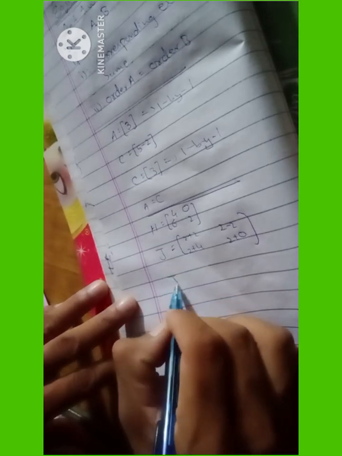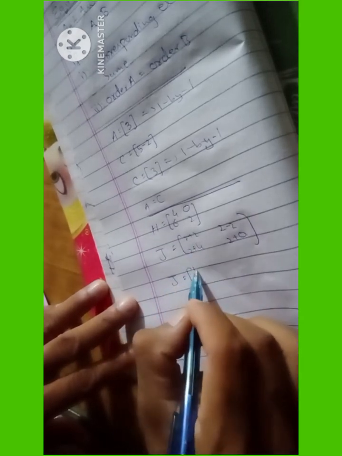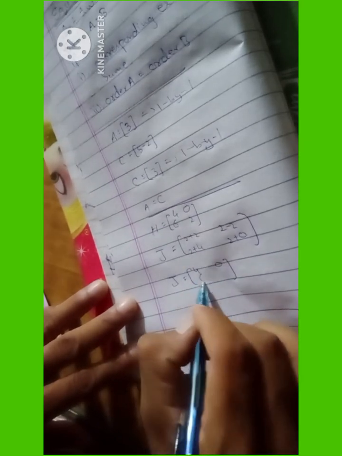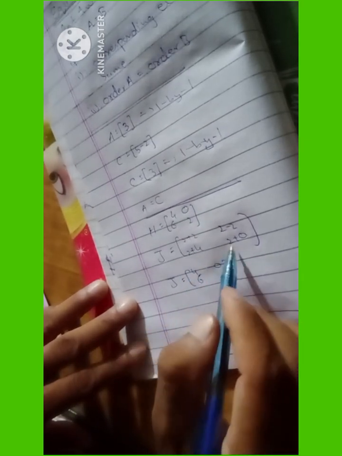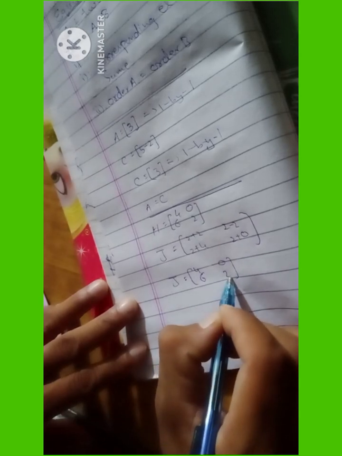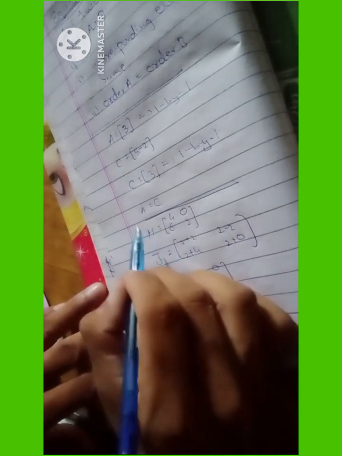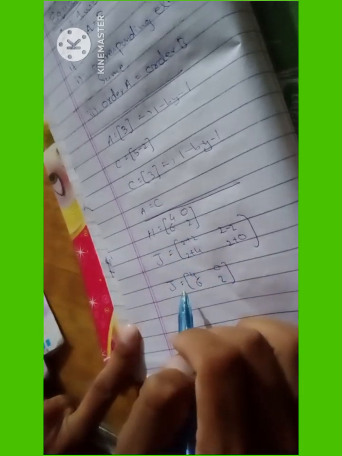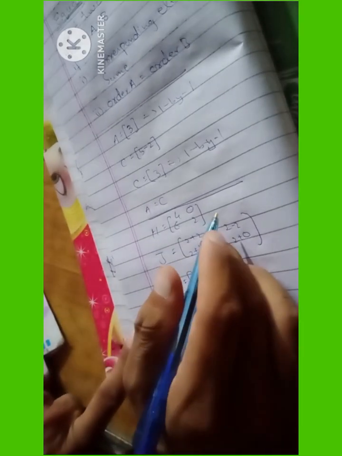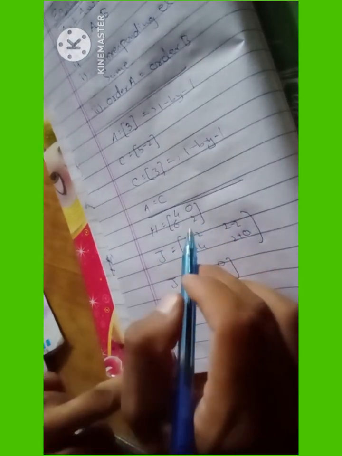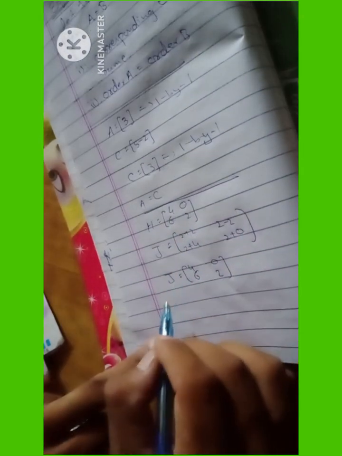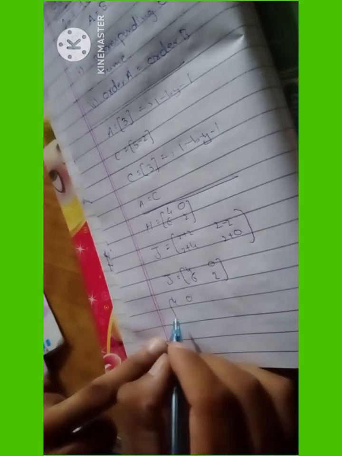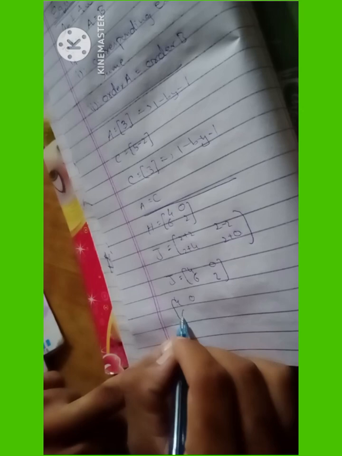First we solve matrix J. 2 plus 2 is 4, 2 minus 2 is 0, 2 plus 4 is 6, 2 plus 0 is 2. And we check whether matrices H and J are equal. Apply two conditions. First, whether corresponding entries are the same or not. We take 4 0, 6 2.